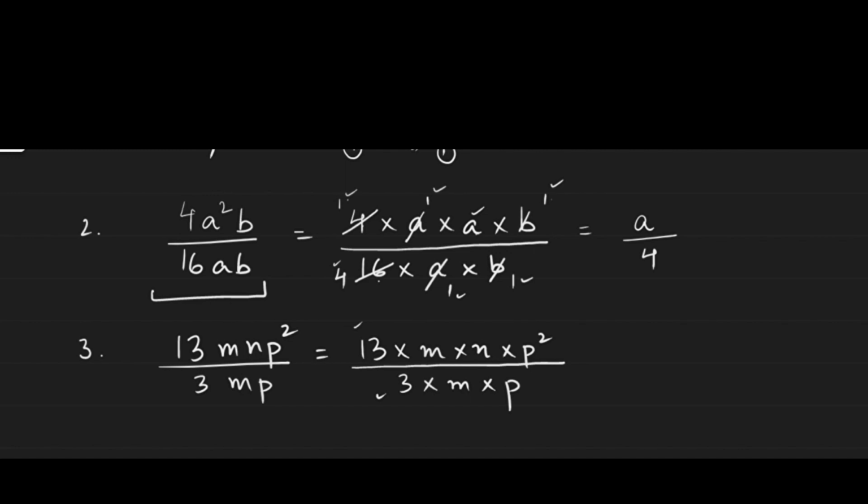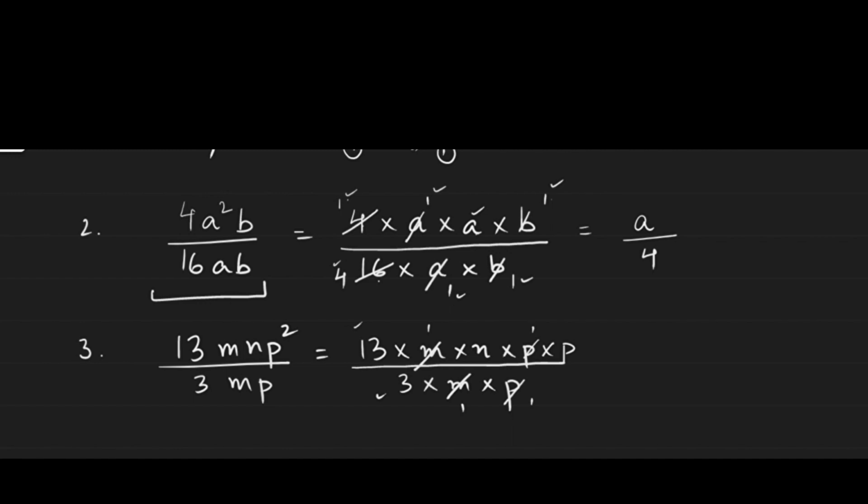Let's come to these algebraic terms. This is m and this is m. They will cross out each other. And just a thing: I can write p square as p times p. So this p will cancel out this p. And of course, it's 1 and 1.